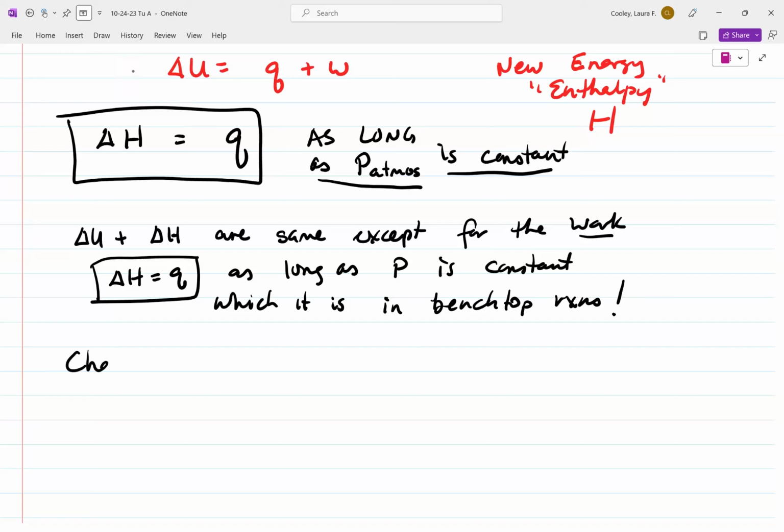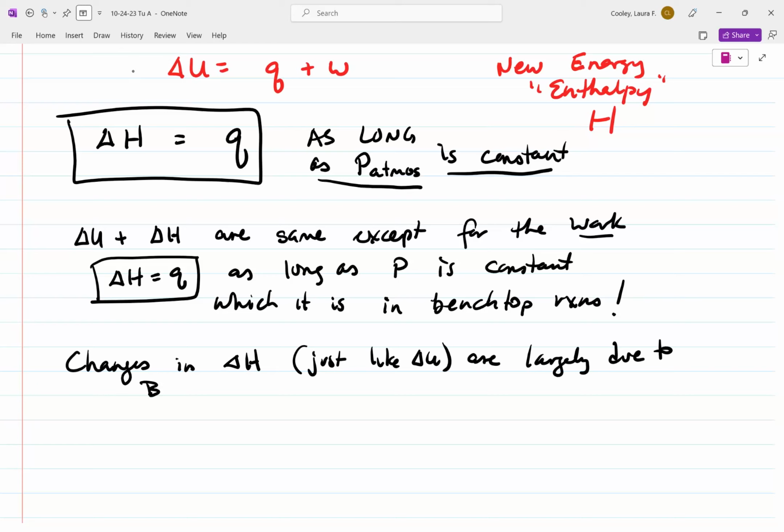So changes in delta H, just like delta U, are largely due to bonds breaking, which requires energy, and bonds forming, which releases energy.